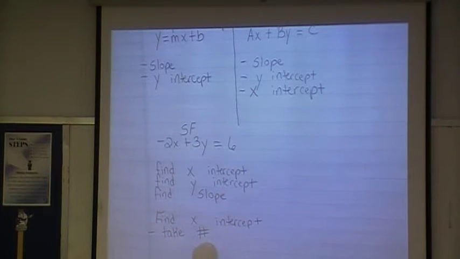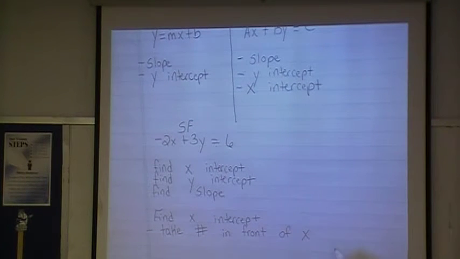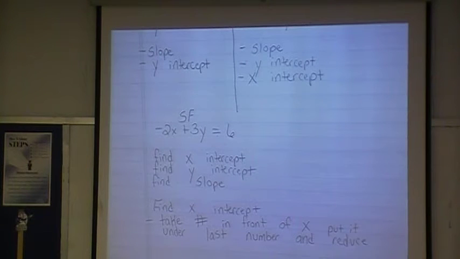Take the number in front of your x, put it under the last number and reduce. If it doesn't reduce, you just leave it like it is.